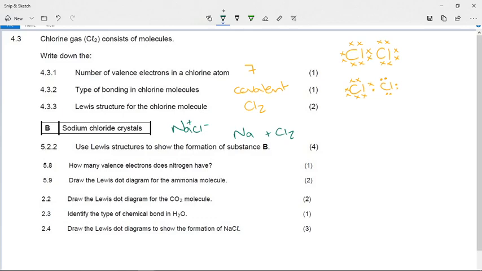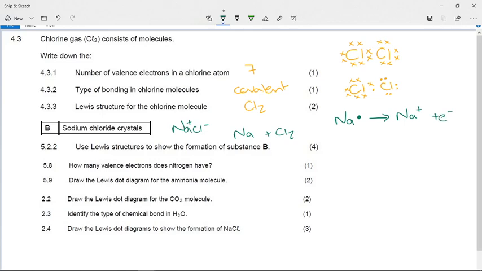So the first thing you have to do is go to your periodic table and figure out how many valence electrons sodium has. And sodium's an alkali metal, so it only has 1. So this is sodium metal with its 1 electron, and this goes to the sodium ion, Na plus, plus an electron.